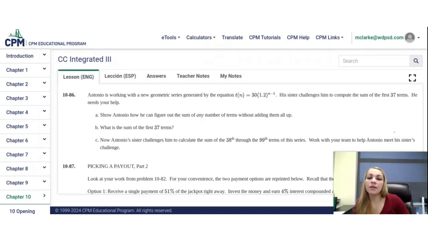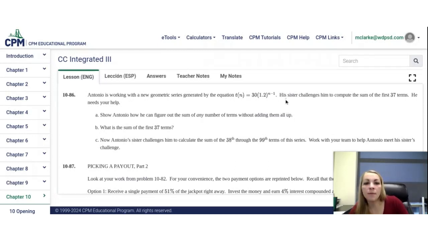But what we have here is problem 86, where it says Antonio is working with a new geometric series generated by this equation right here. His sister challenges him to compute the sum of the first 37 terms. He needs your help. So we're going to show how he can figure this out with any number of terms without adding them all up. And what is the first 37 terms, okay? So pause this video. Make sure you can use the formula. Make sure you can type this into your calculator, okay?